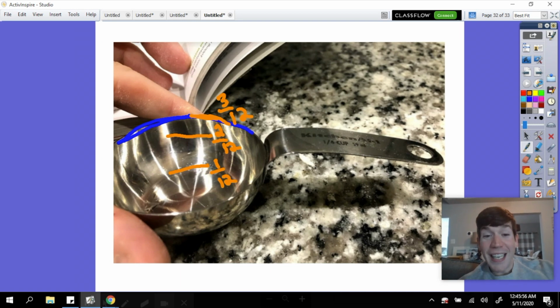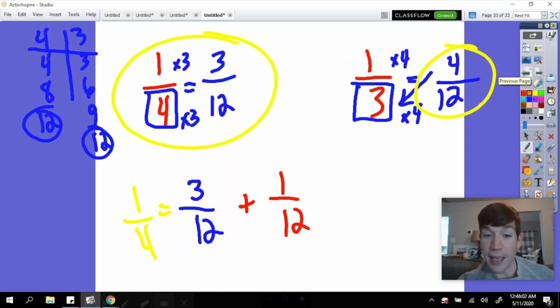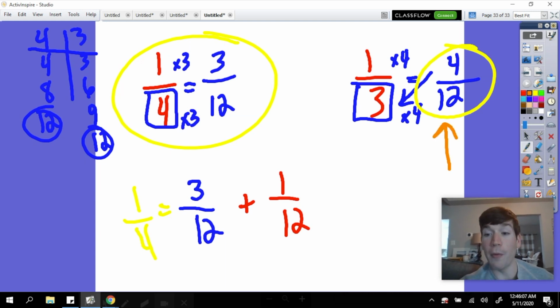Now, if I was able to find that spot where 1/12 was, I could add it to my 3/12, and that would give me my 4/12 total, which remember 4/12 is the same as 1/3.